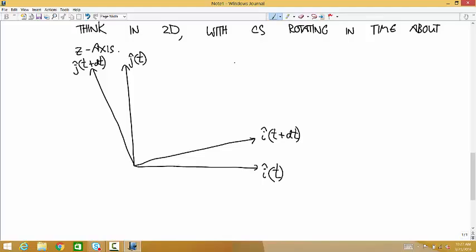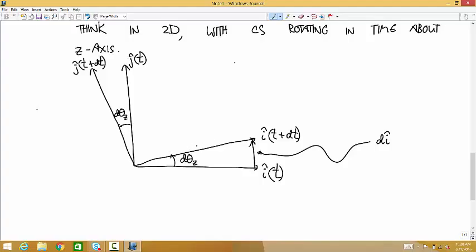Then let's call the angle from t to t plus dt an infinitesimal angle d theta. And I'll put a z here so you remember that's about the z-axis. This is also d theta z. And then this vector here is di.